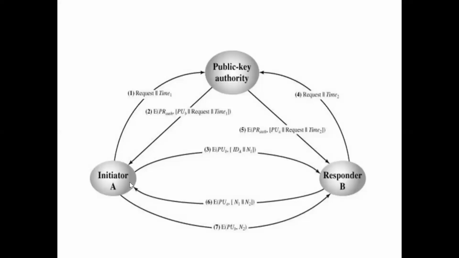So the initiator sends a request to the public key authority. That's why the first step is labeled request. Here the symbol represented is concatenation, concatenated with time.